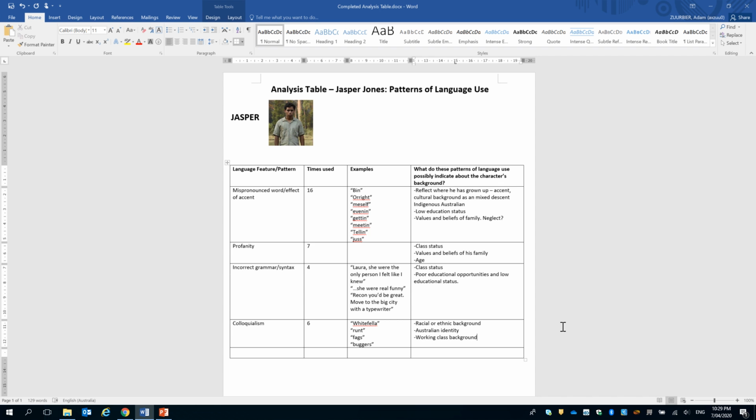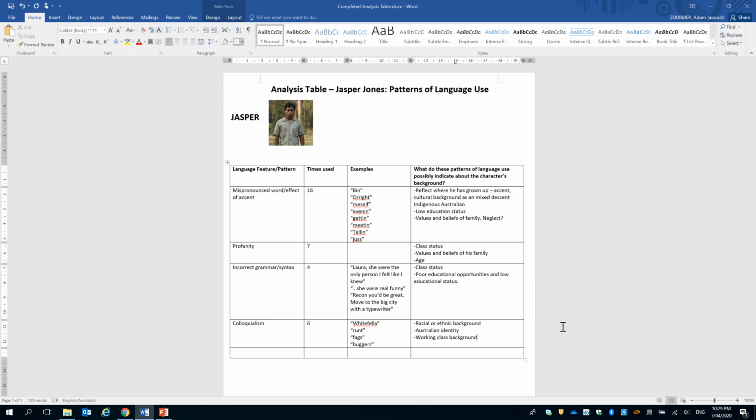Could also just reflect his age, because Jeffrey and also Charlie frequently use profanity as well. And profanity is not a pattern of language use that is strictly located within the working class. However, linguistic studies have shown us that a lot of profanity or profane words or swearing originate in working class dialects.